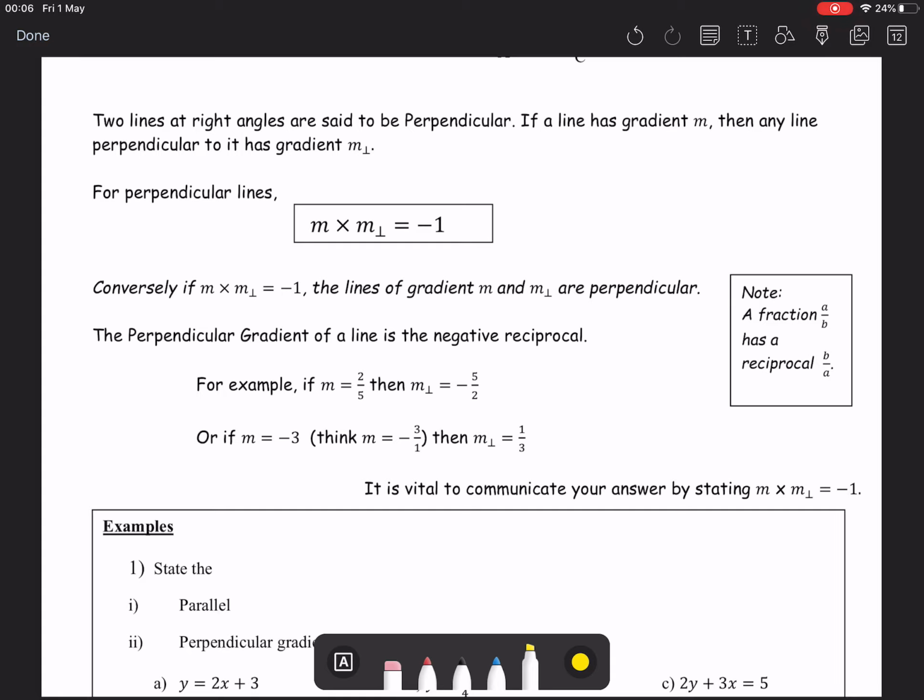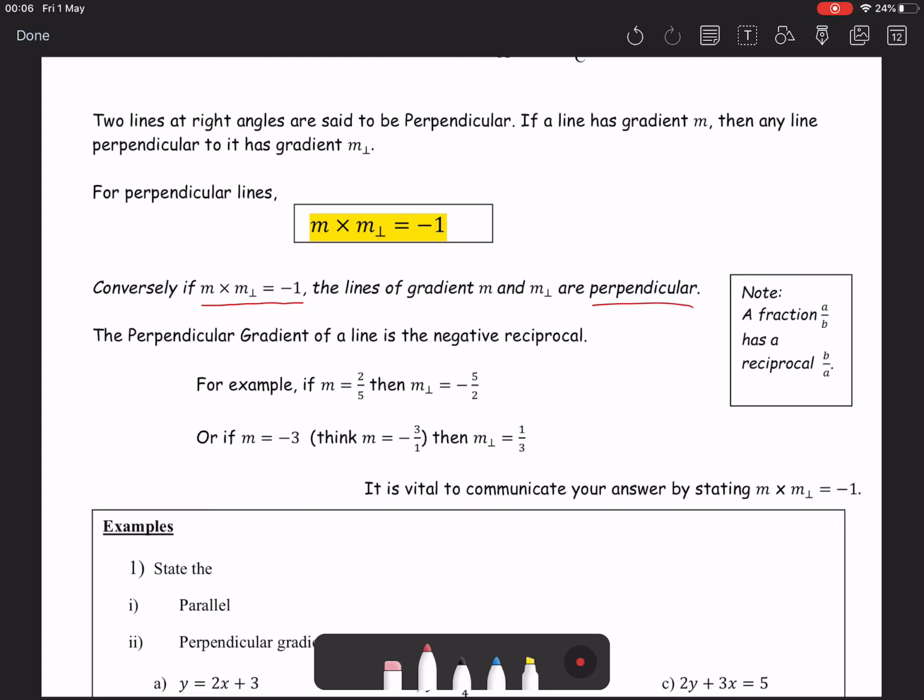Okay, and this fact here, if we take our line and we multiply by the gradient of the perpendicular line, we would get a value of -1, and this would happen every single time. Okay, the other way to look at it is if we had that detail, then we can therefore state that the lines must be perpendicular. So it works in both ways.